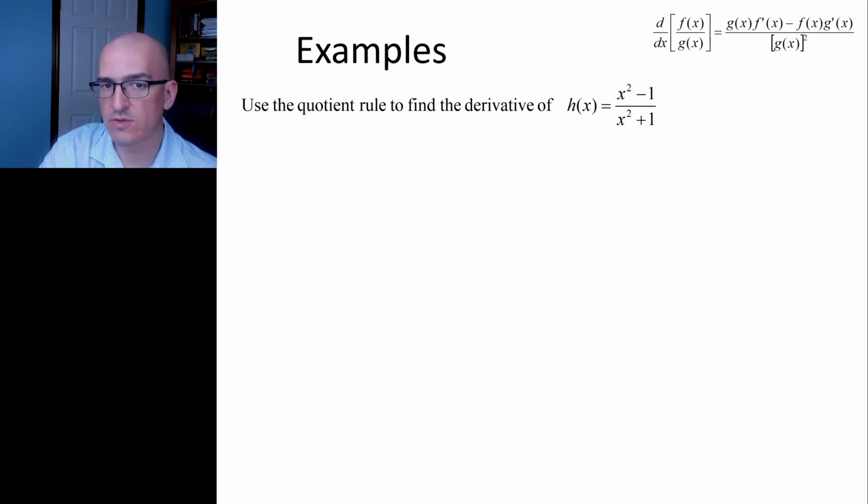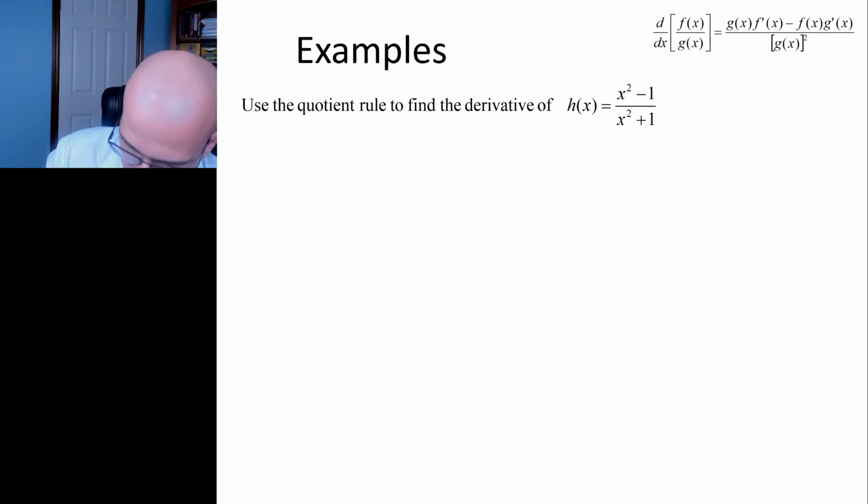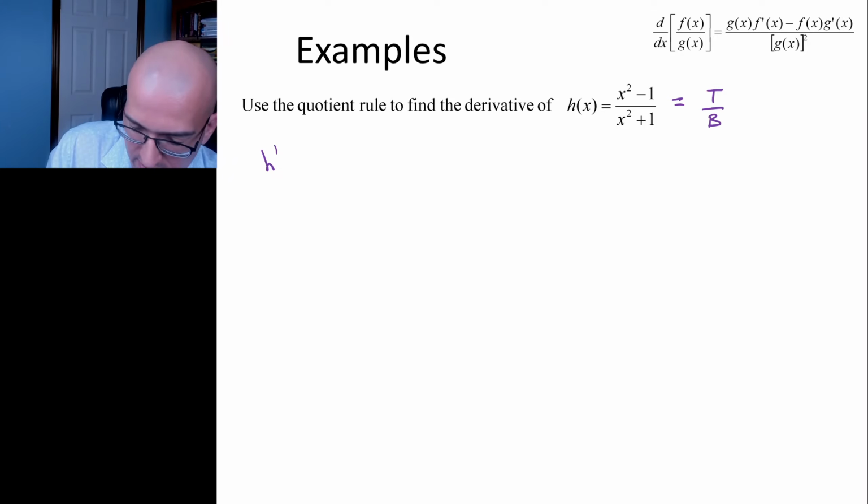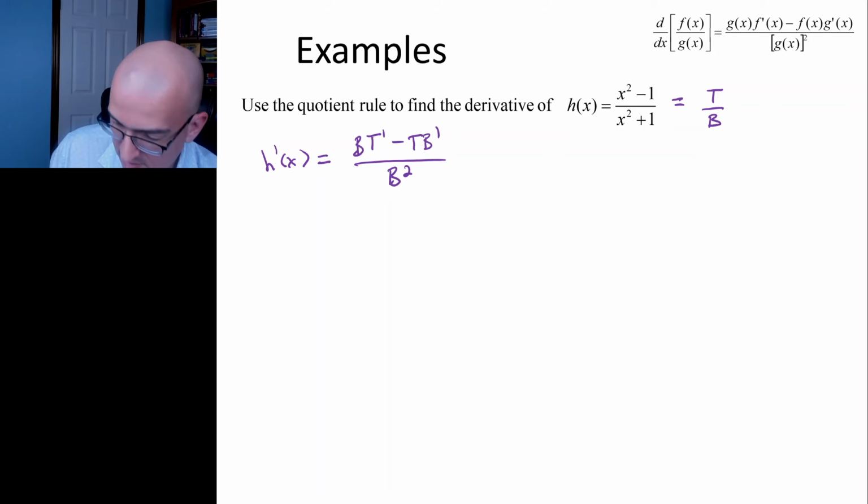We need the quotient rule for it, and we'll have no way to check it. So the top function I'll call t, bottom function I'll call b, and now we put our trust entirely into this unproven formula. b t prime minus t b prime divided by bottom squared.